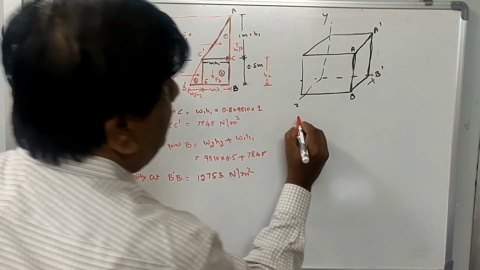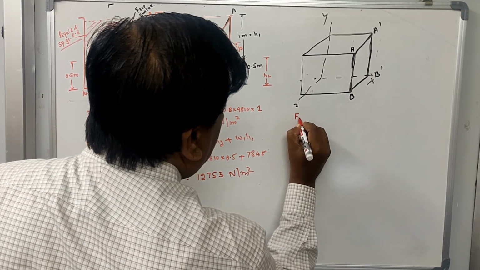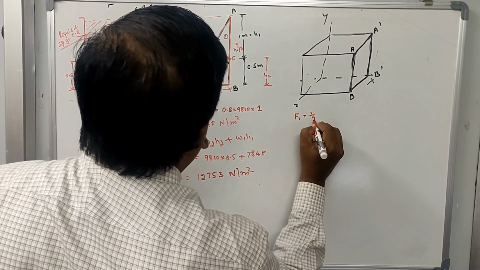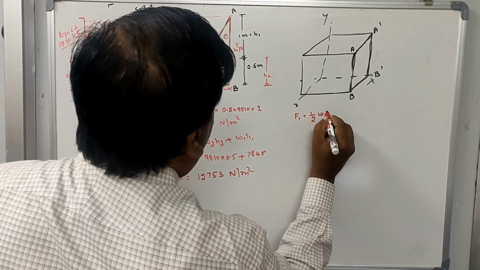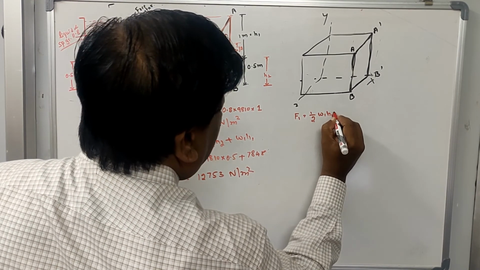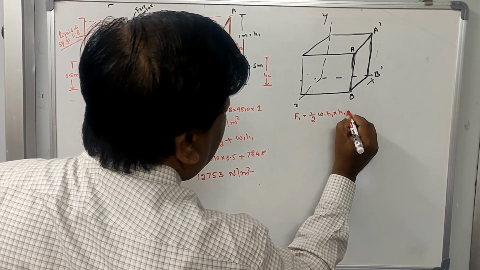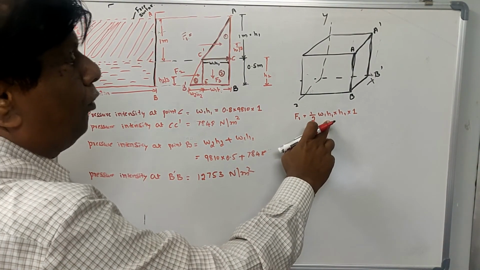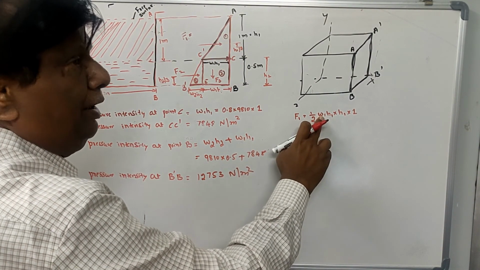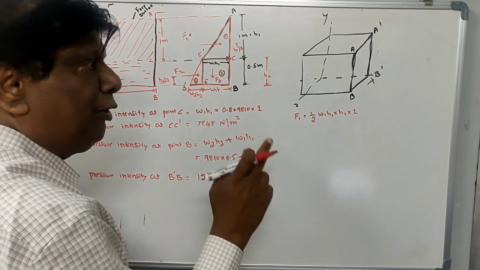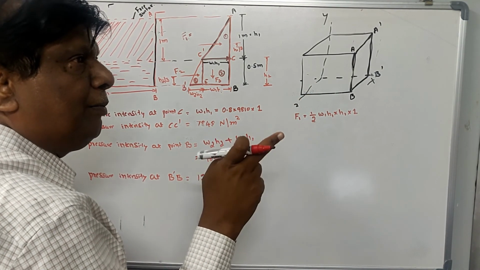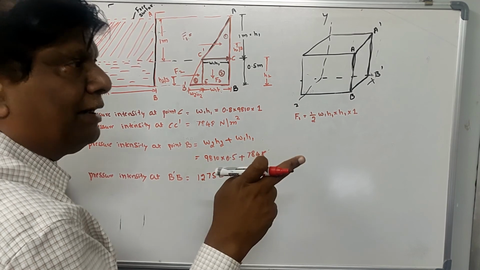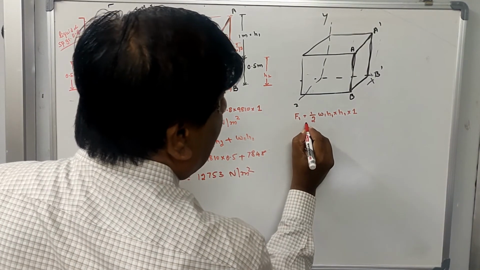F1 is equal to half W1 H1 multiplied by H1 multiplied by 1. This is nothing but volume multiplied by unit weight. Volume is in meter cube, unit weight is in Newton per meter cube, so meter cube cancels and ultimately you get the force.